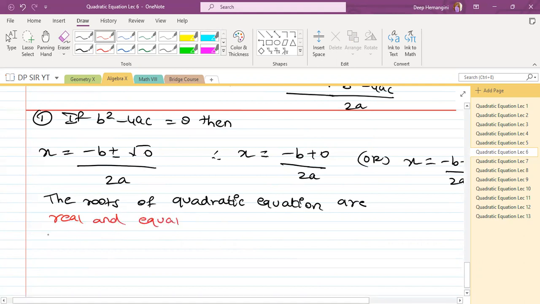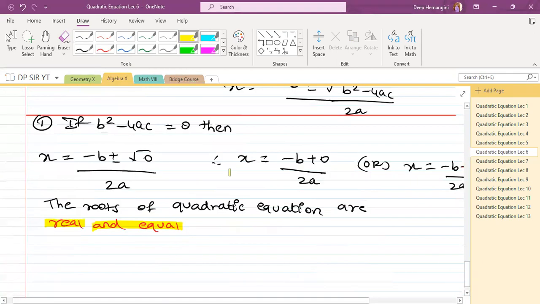You need to be very sure with this concept. If this comes, everything comes; if this doesn't come, nothing will come further. So whenever, I repeat, whenever b square minus 4ac is equal to 0, then the roots are real and equal.